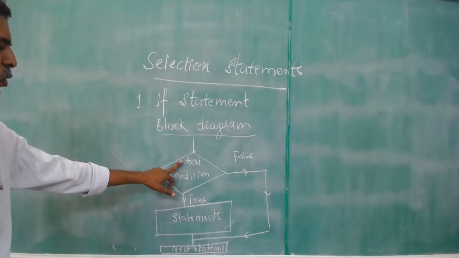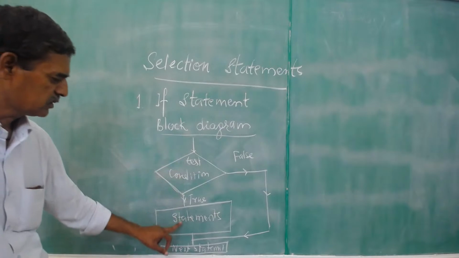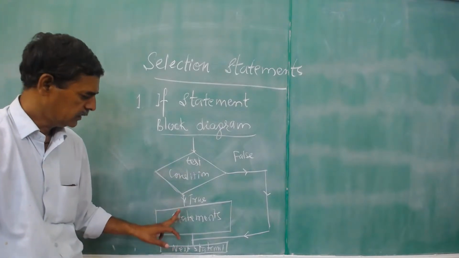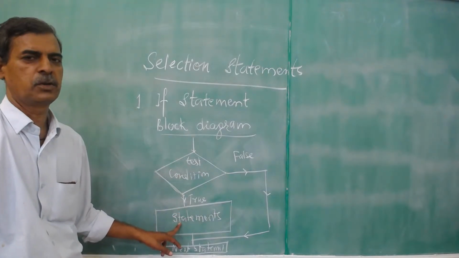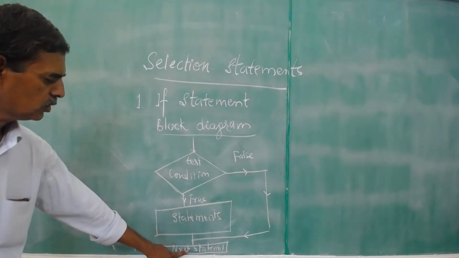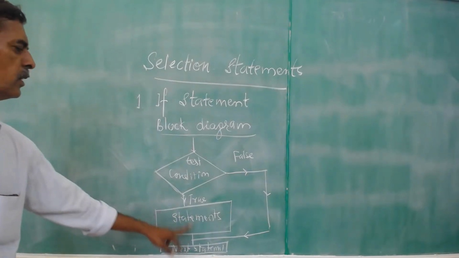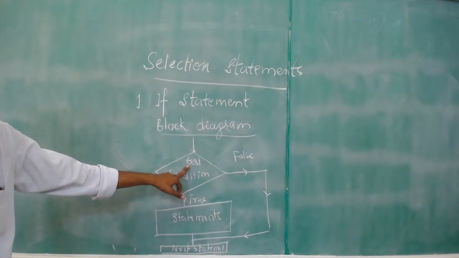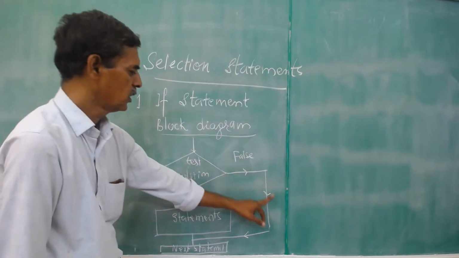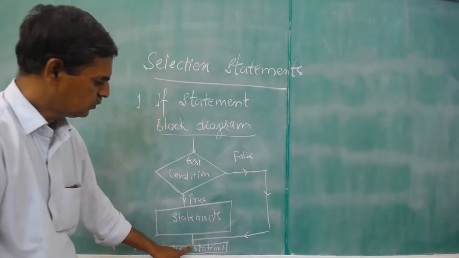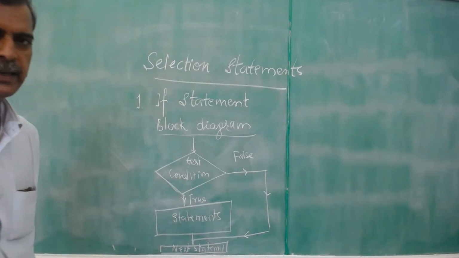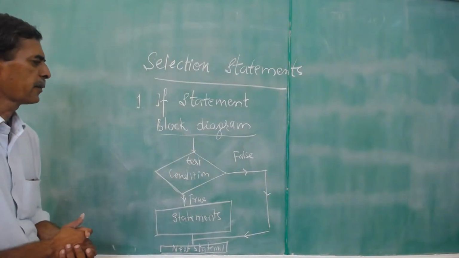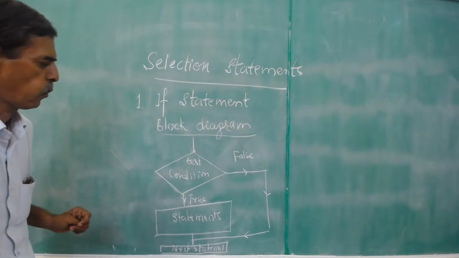If test condition is true, then it comes inside the if block. Then statements inside the if block are executed. Then it goes to next statement. If test condition is false, it goes out of if block. Then it goes to next statement. Right? This is the block diagram for if statement.